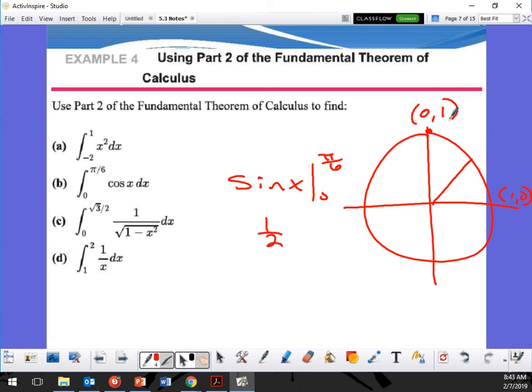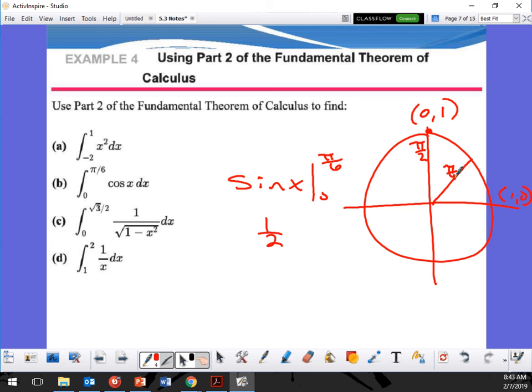Since this is calculus, we're always going to use everything in radians. So 90 degrees is the same as pi over 2, right? And halfway in between is pi over 4.